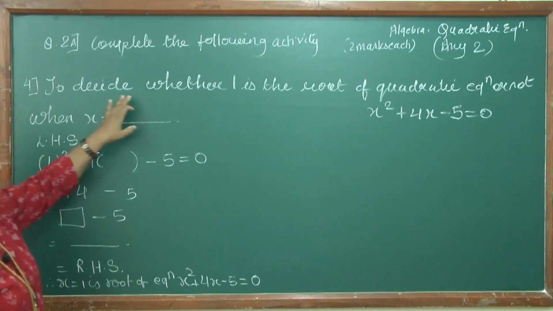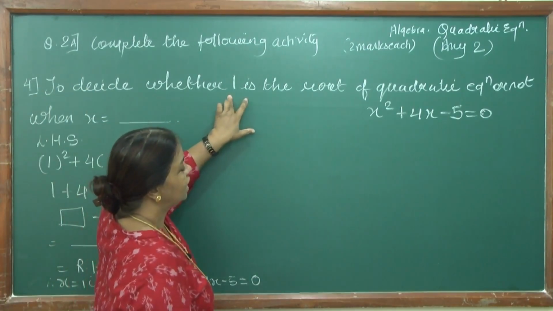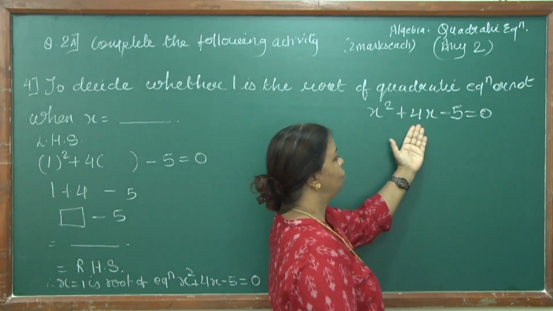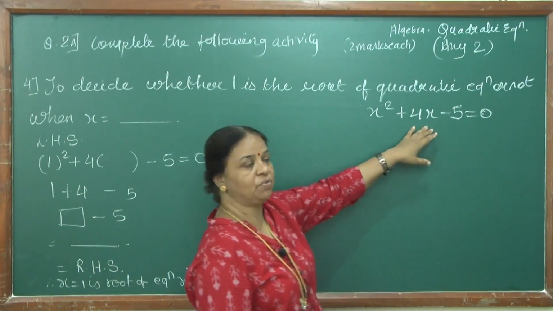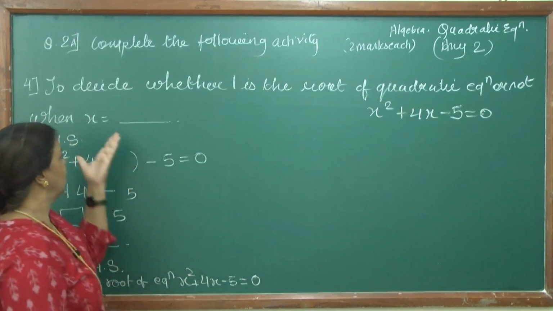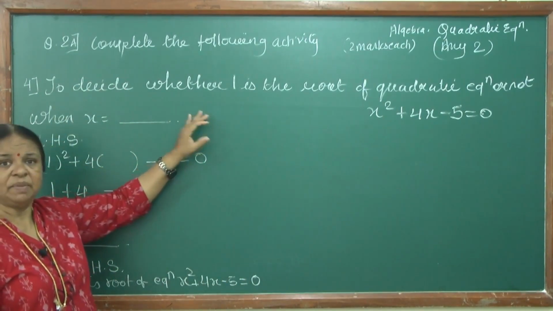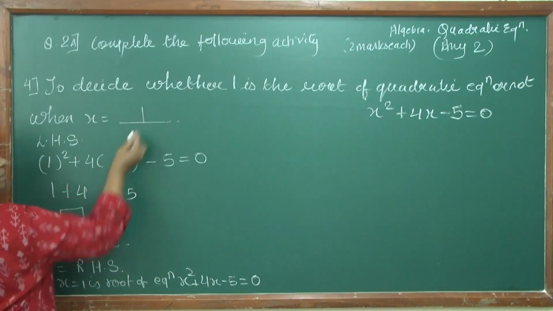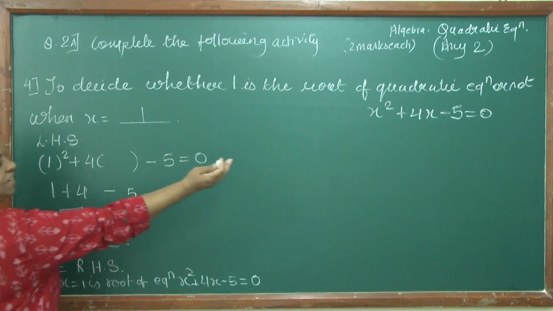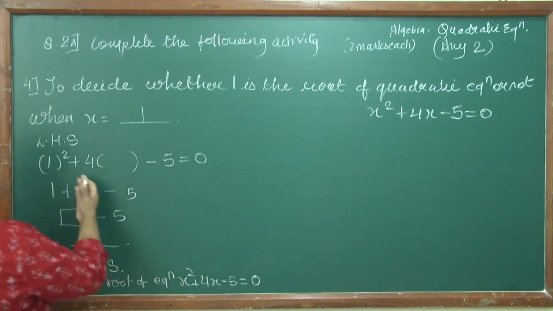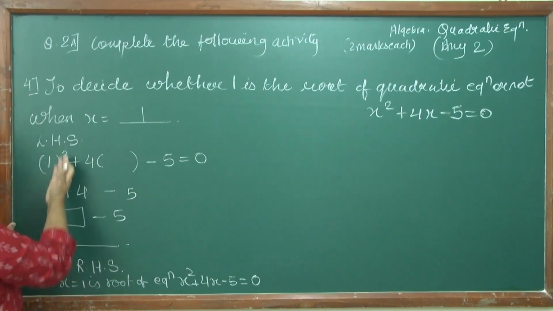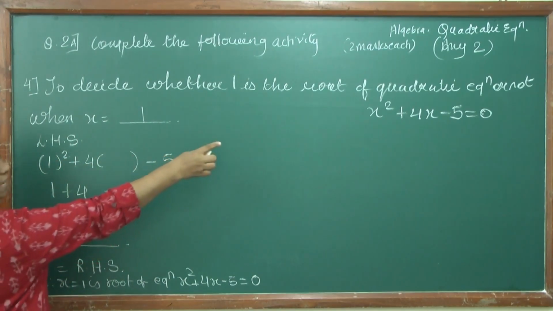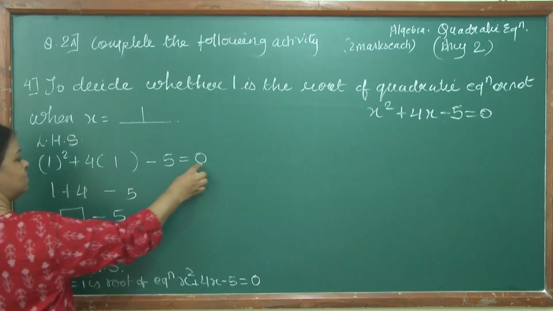Fourth question: we have to decide whether 1 is the root of a quadratic equation. Which equation? x square plus 4x minus 5. Whether 1 is the root of this equation or not. If it is a root, that means the x value is 1. So x is equal to 1. Now we have to take the left hand side. x square means 1 square, plus 4 into x means 1, minus 5, equal to 0.